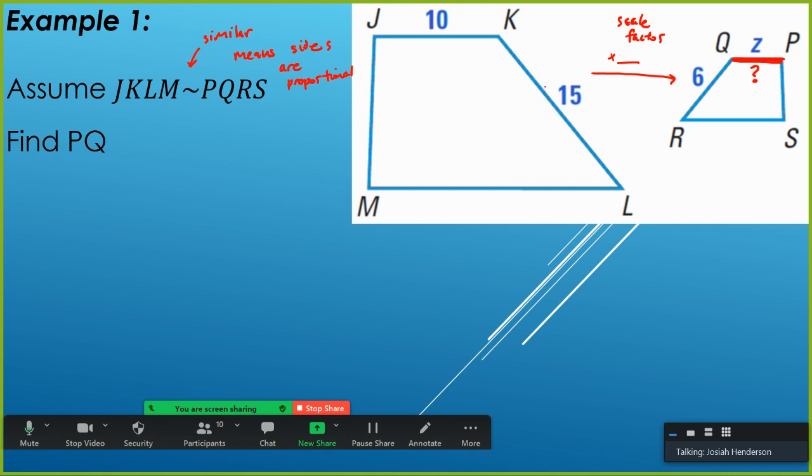One that stands out to me is the diagonal side. Notice the 15 and the 6, KL and QR. These two go together. And that means JK, this littlest side, goes with QP, the one we're interested in finding.